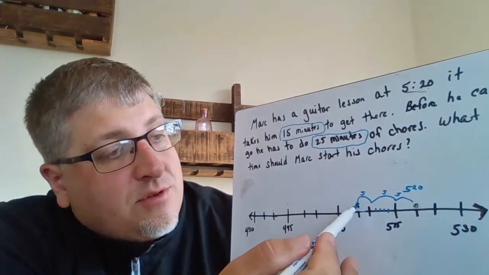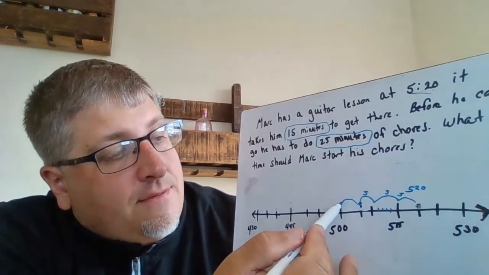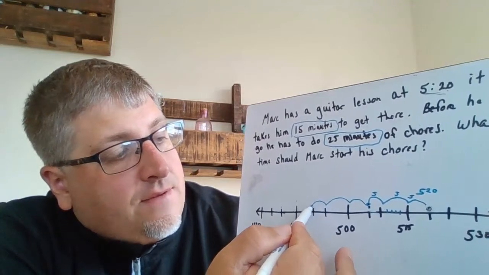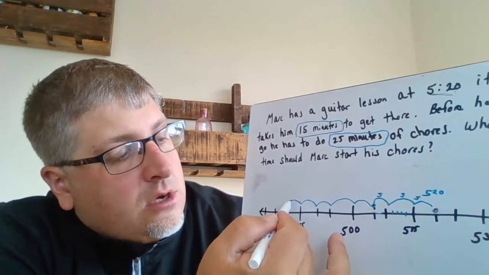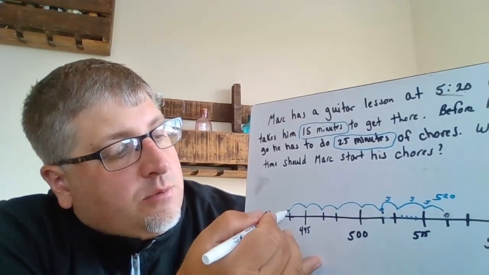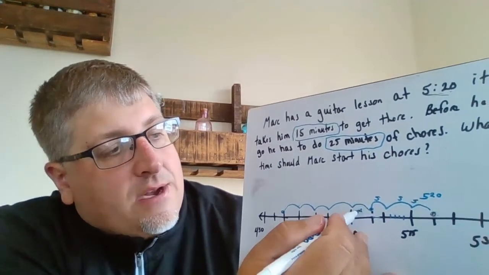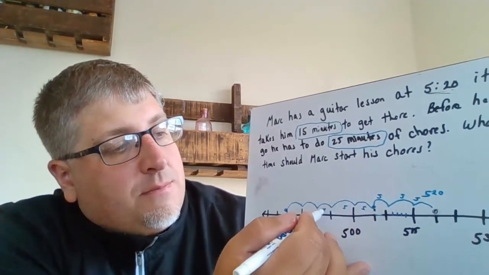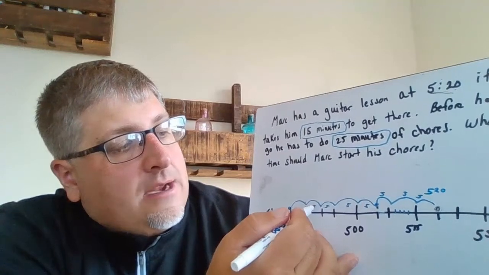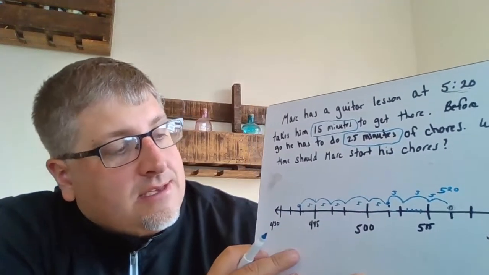So again, we're going to go by 5. We're going to go 5, 10, 15, 20, 25. So we went back 25 minutes there. These are 5-minute jumps. I just did 5-minute jumps on my number line, and I went back 25 minutes.